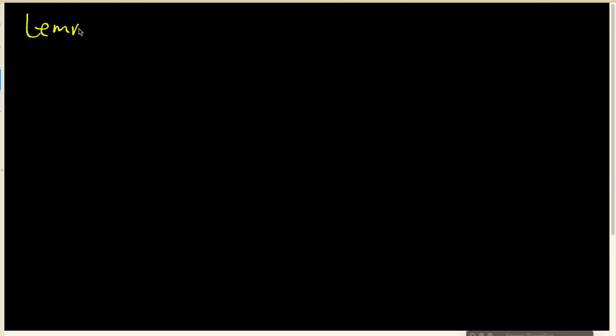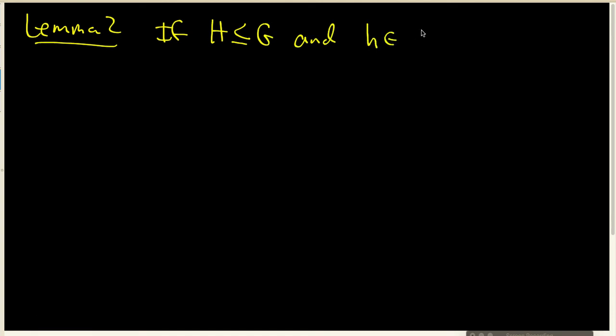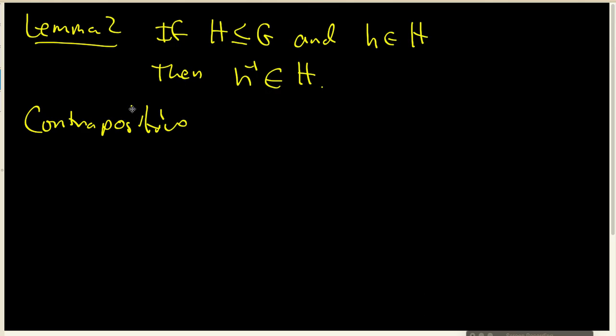So what Lemma 2 is actually saying is, if capital H is a subgroup of G and little h belongs to capital H, then the inverse of h has to belong to the set capital H. The contrapositive of this statement is again true, because contrapositives of true implications are always true, and the contrapositive gives us an easy test for when something is not a subgroup.